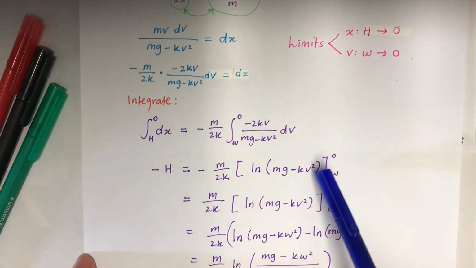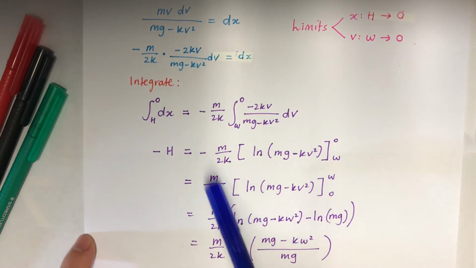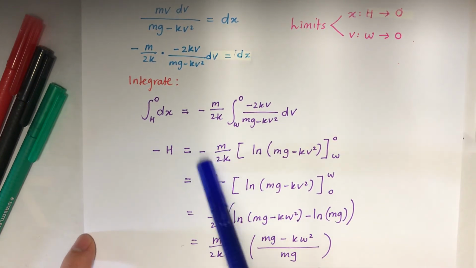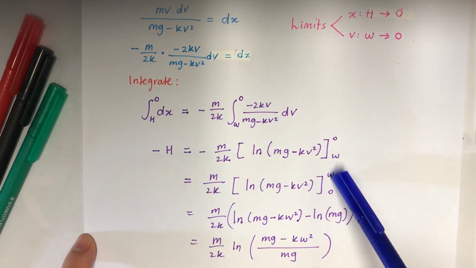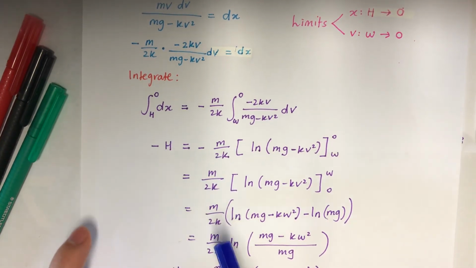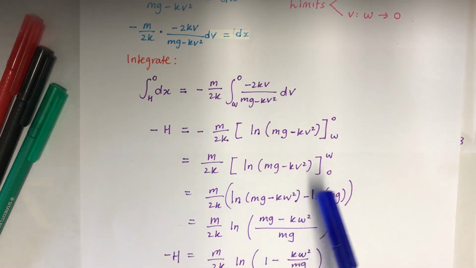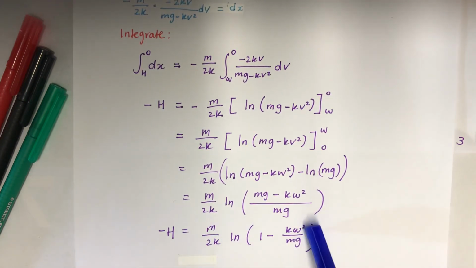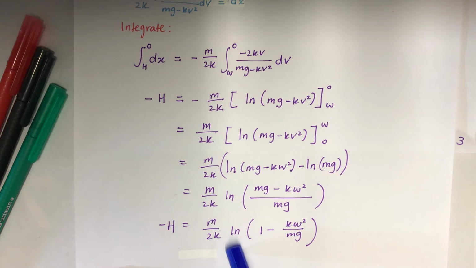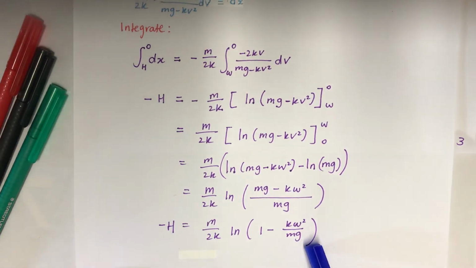Now when I put the 0 there and then w, actually what I've done is I just changed the negative so that it would be w and 0 instead of 0 and w. So I don't like the negative there, but this one still has a negative. Okay, so when I do that, I can put the w into the v, and 0 into the v. So that's what I've got. That's not too bad. And I just tidied it up a bit, and that's what I've got.